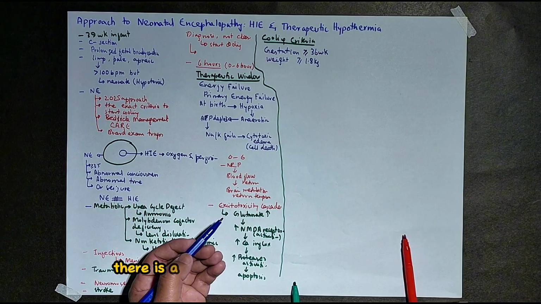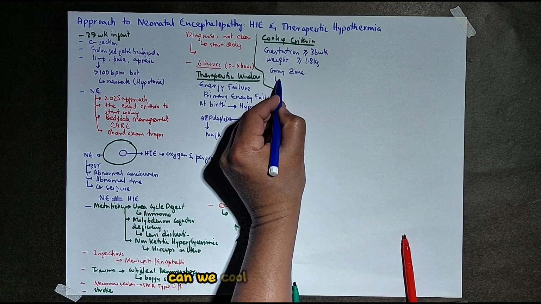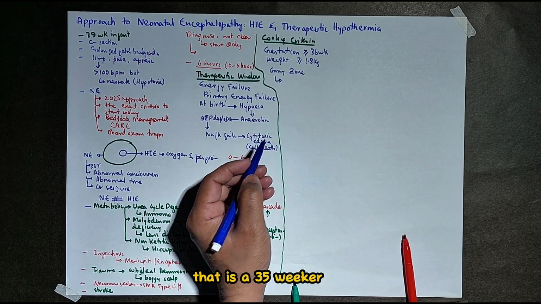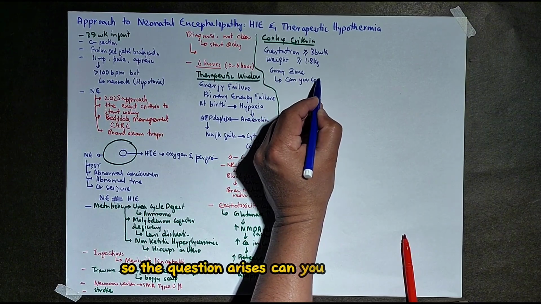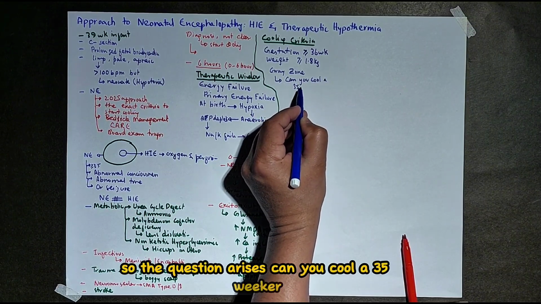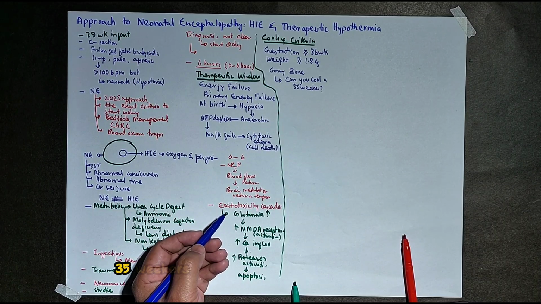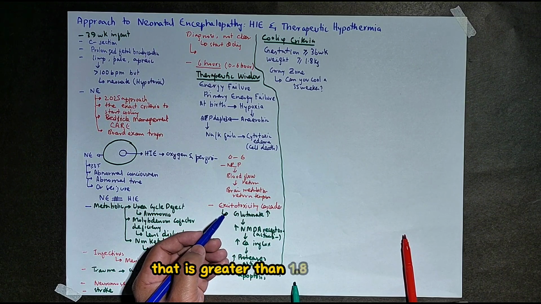There is a gray zone as well, that is 35 weeks. Can we cool this gray zone, a 35 weeker? At some centers, 35 weekers can qualify for cooling if they are large, that is greater than 1.8 kg, and physiologically mature.